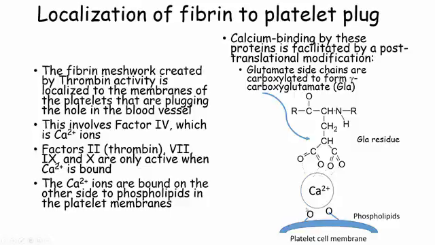The calcium atoms are bound on the other side to phospholipids in the platelet cell membrane, localizing these factors then where? To the outer membrane, outer face of the plasma membrane of the platelets. So this carboxylation of the glutamate is critical for forming active coagulation factors.